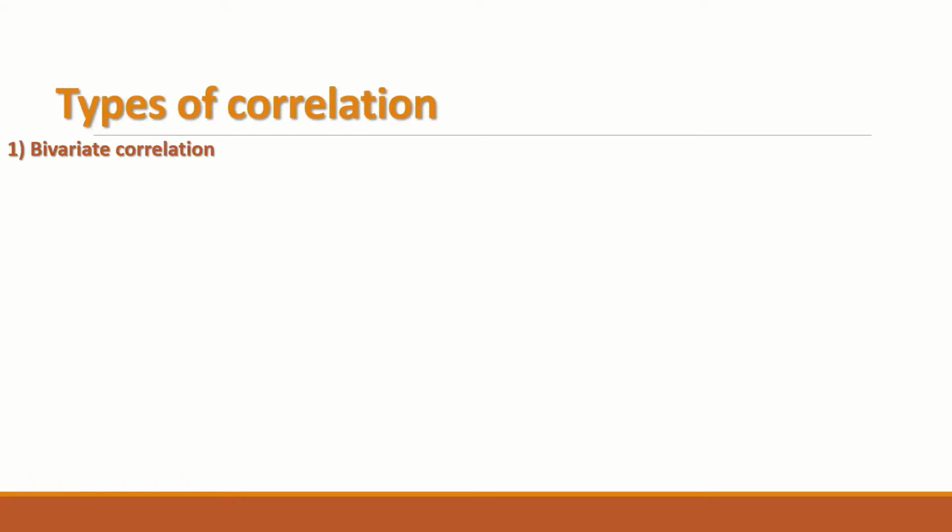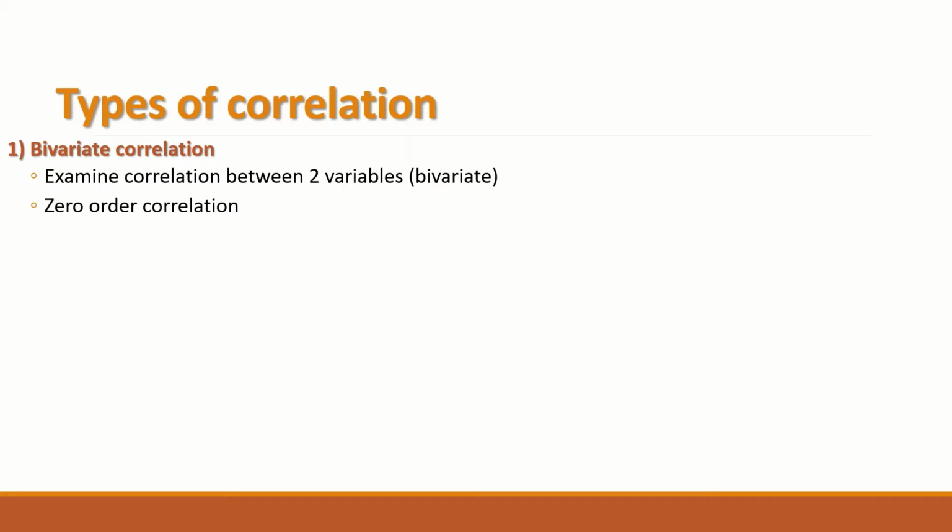Now, there are several types of correlation. Bivariate correlation, where bi means two, and variate means variable, examines the correlation between two variables. Zero-order correlation is an example.